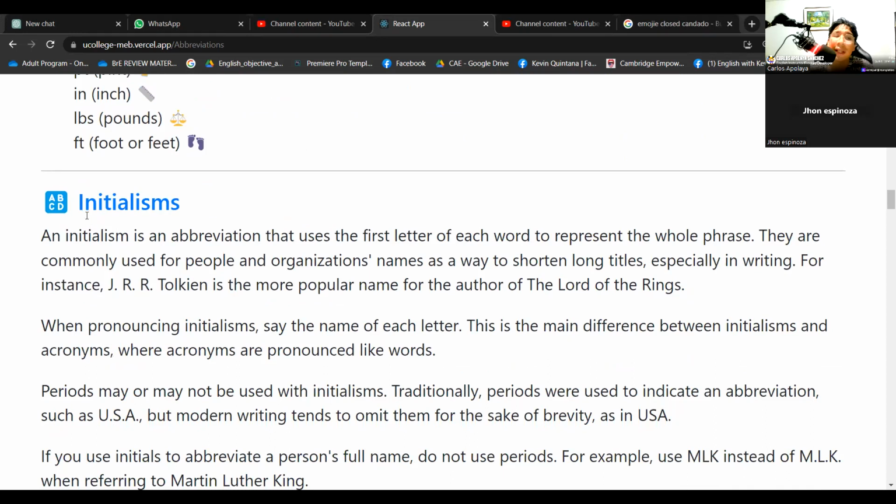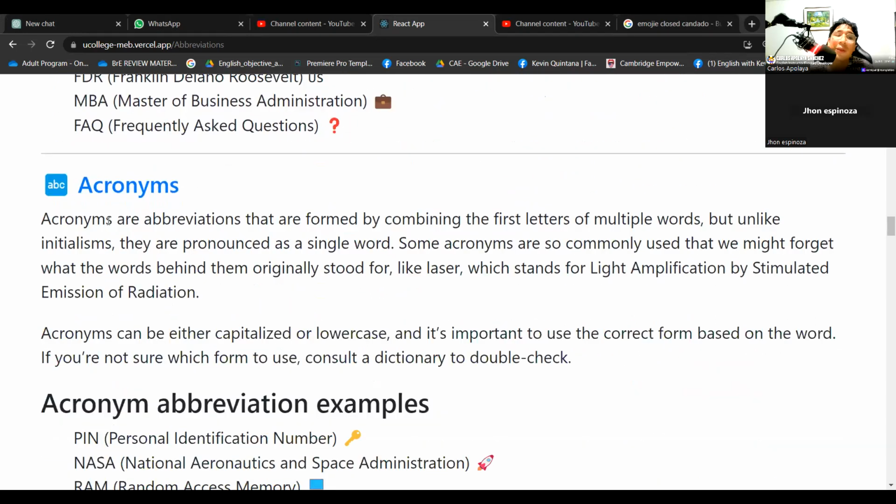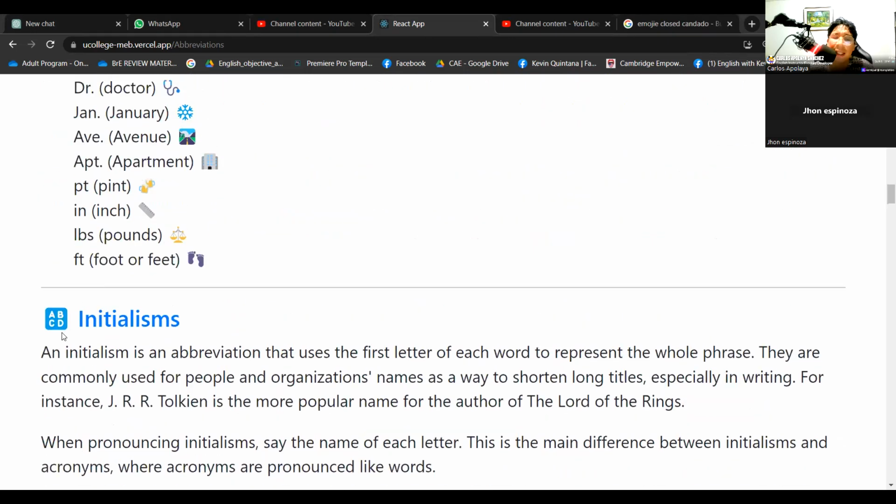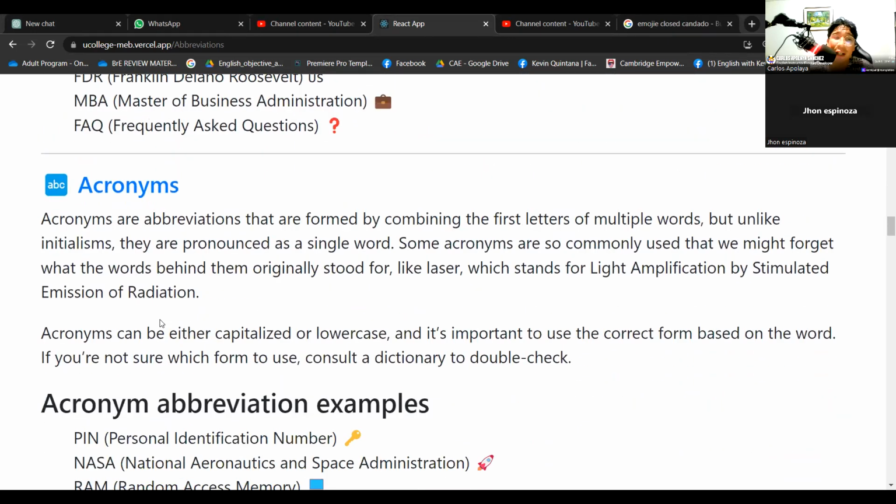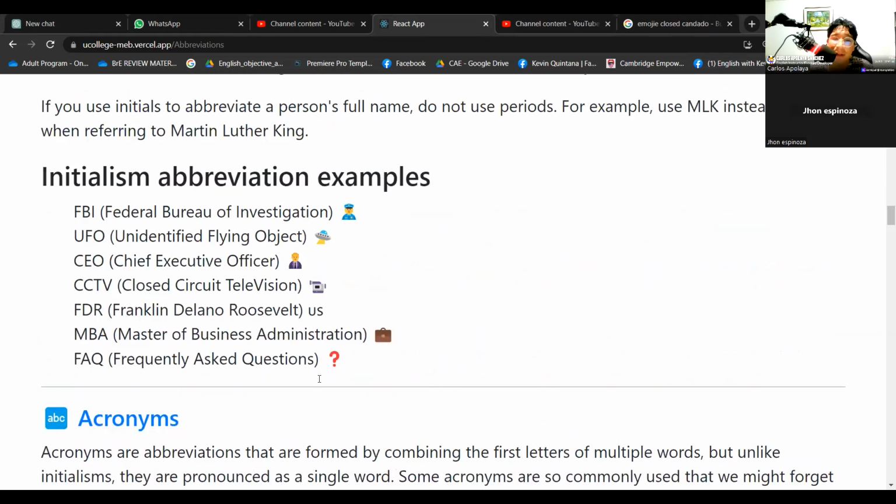But what about initialisms? In English, we have initialisms, but we also have acronyms. What is the difference between initialisms and acronyms? It's very, very simple. As you can see here, we have the word MBA, Master of Business Administration. You have the first letter of every word.